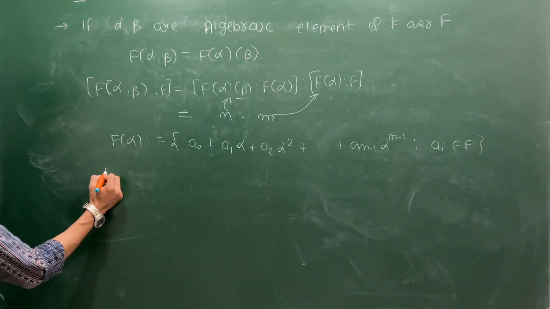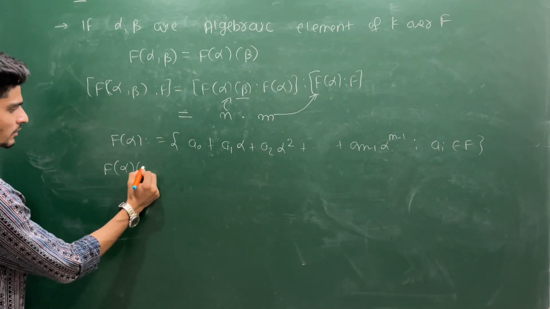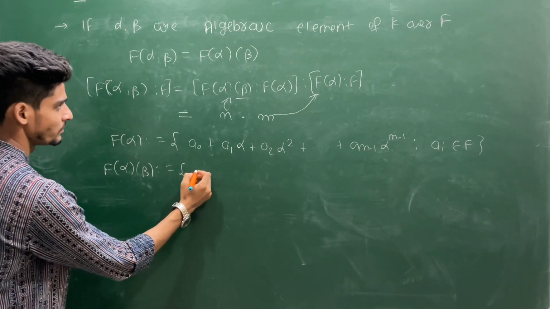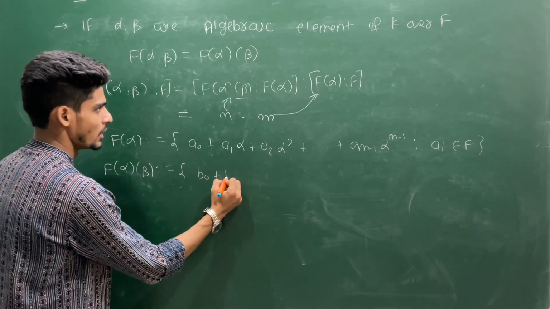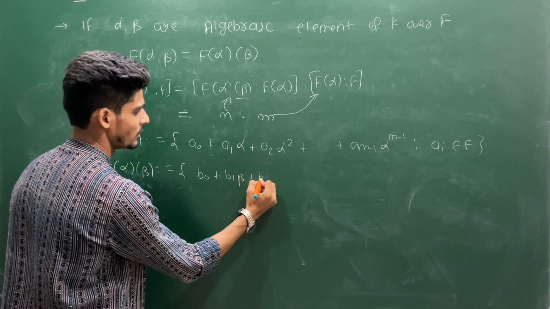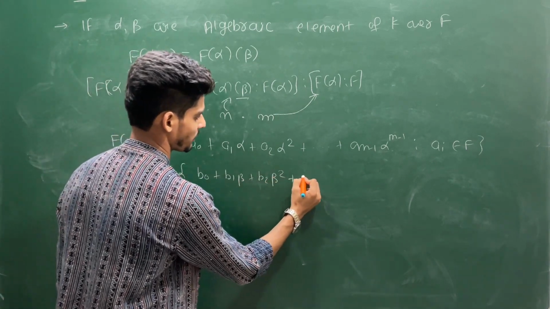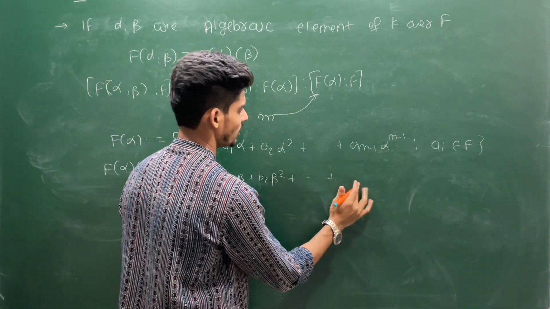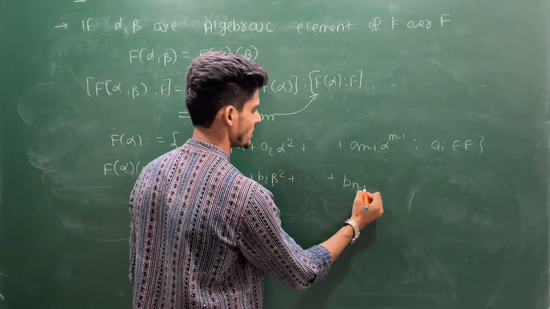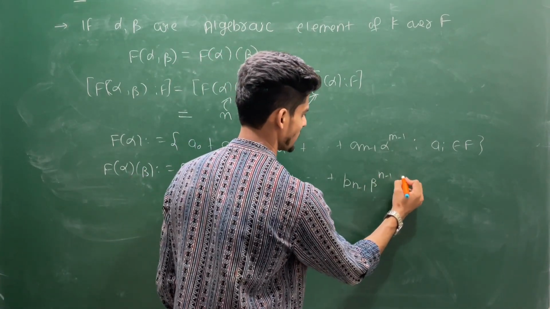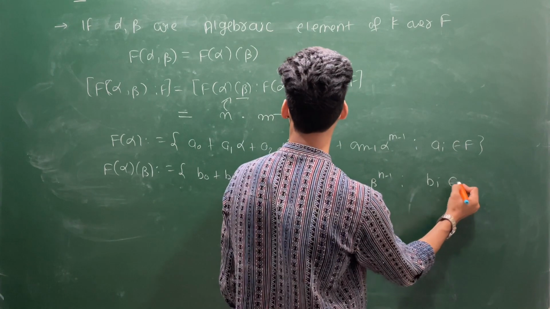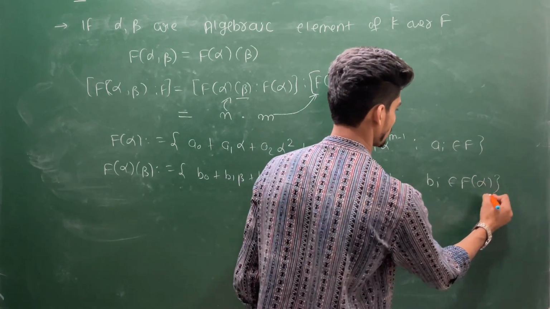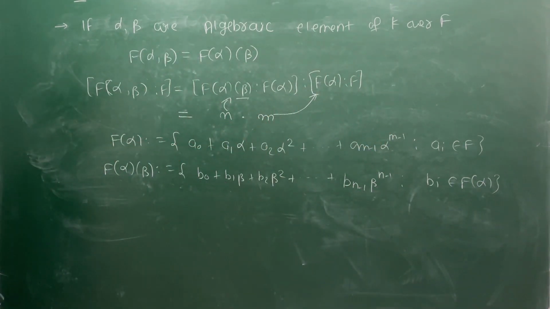Similarly, you can write the definition of F(alpha, beta) as, say, some b0 plus b1 beta plus b2 beta squared plus up to b(n minus 1) beta to the power n minus 1, where each bi is coming from F(alpha). So this you are getting.